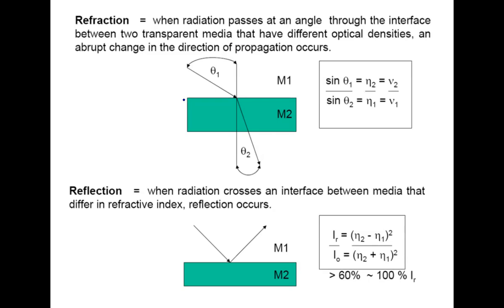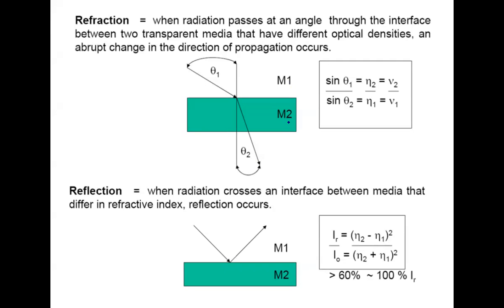So you can see that theta 1, you put a normal to the incident light, and then you can see it is now bent when it goes through the other medium. And you can see theta 2. So the medium 1, M1, going through medium 2 of different refractive indices.